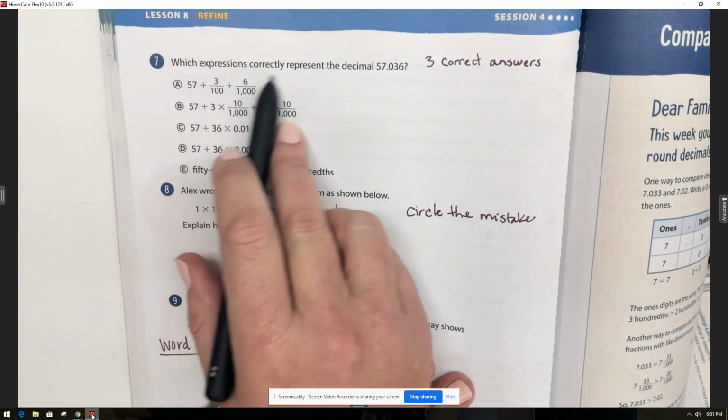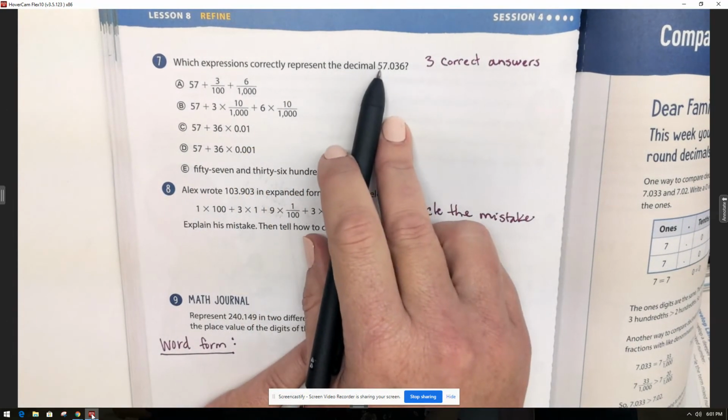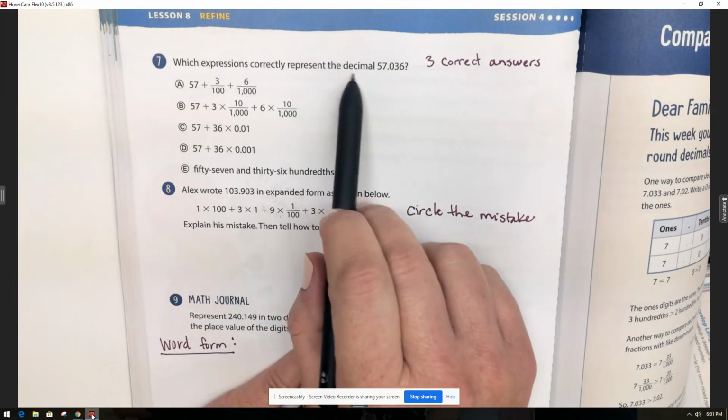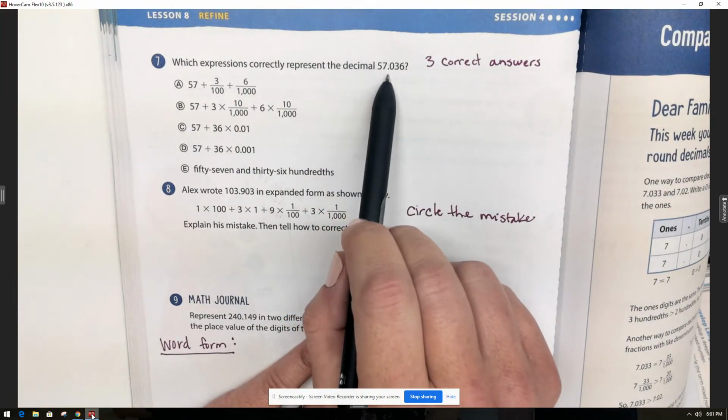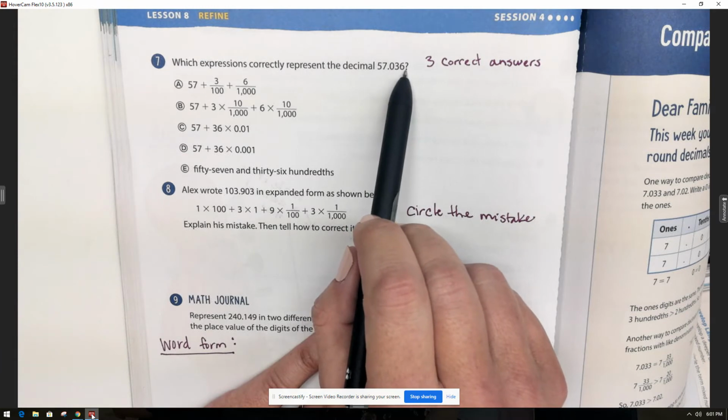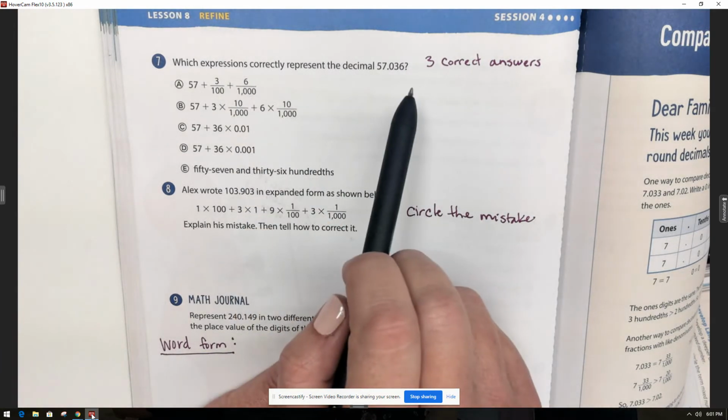Okay. Number 7. Which expressions correctly represent the decimal 57 and 36 thousandths? I don't want to say it right. So 57 decimal point 036. There are, you know what, I lied.